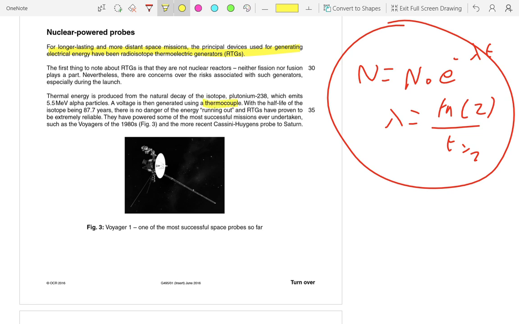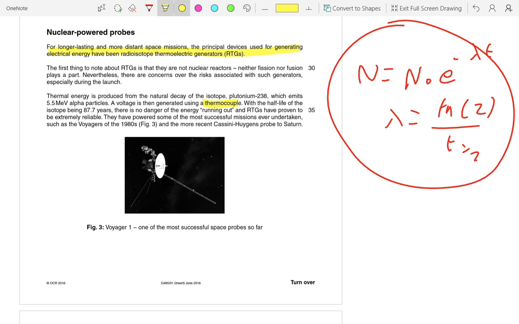But again, we'll just go through the next bit first. It's important to know that they're not nuclear reactors, so it's not asking you about fission or fusion in this section. It's the way that they decay, and then you can use that energy.